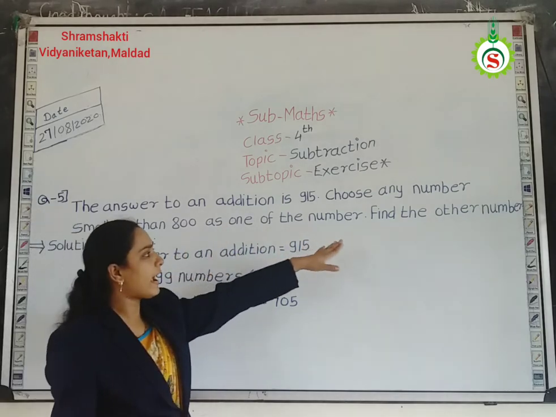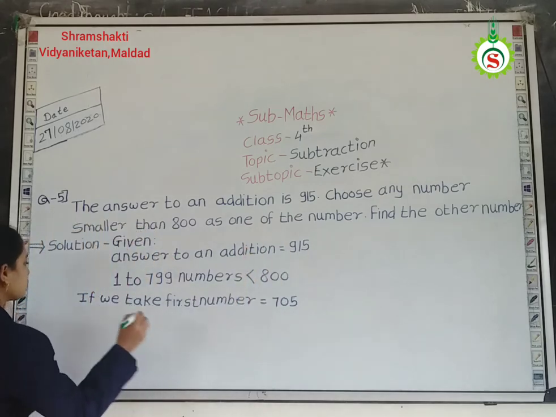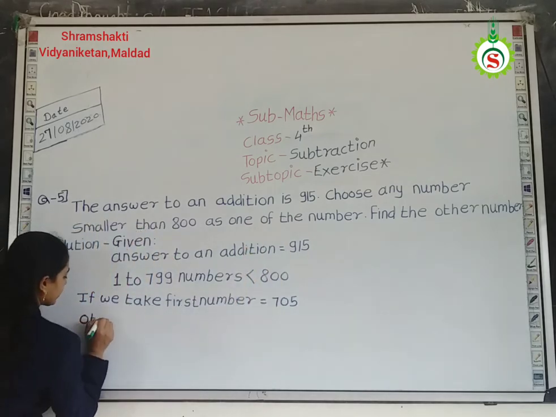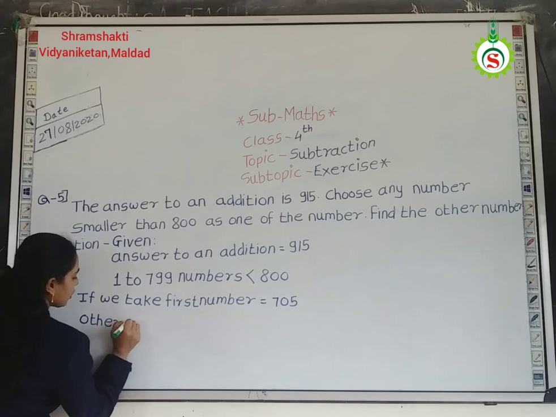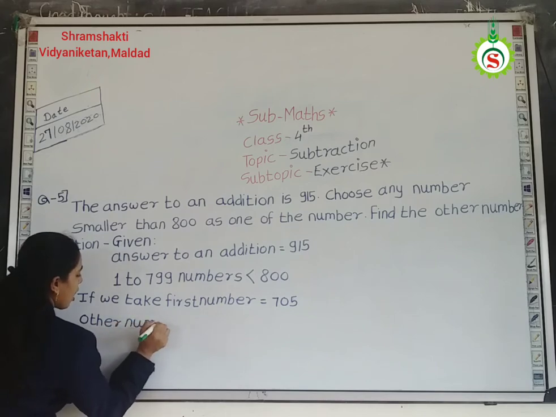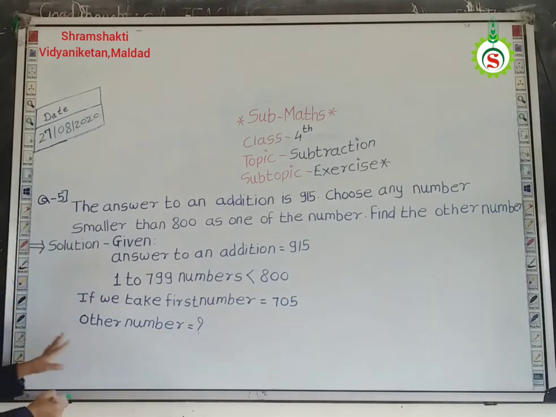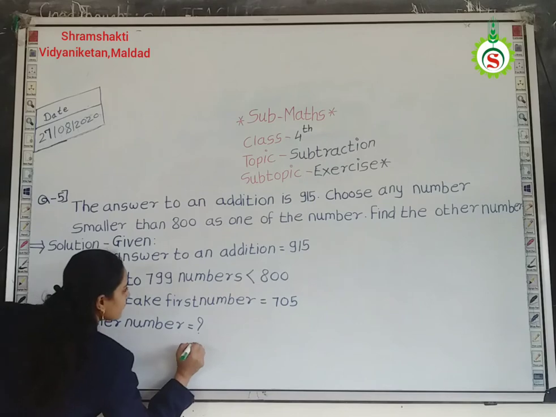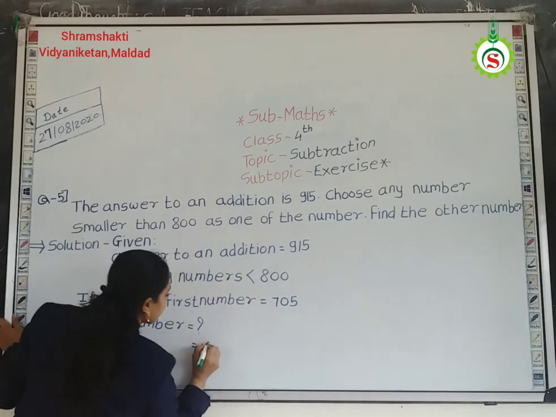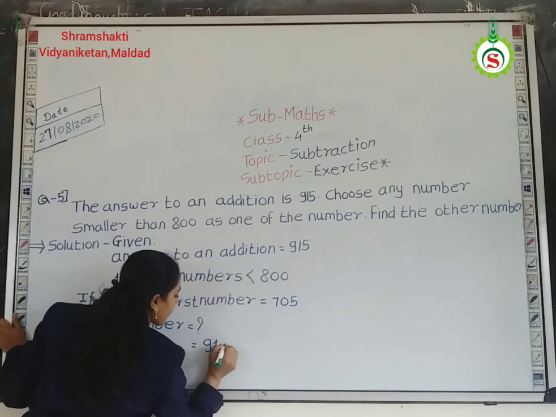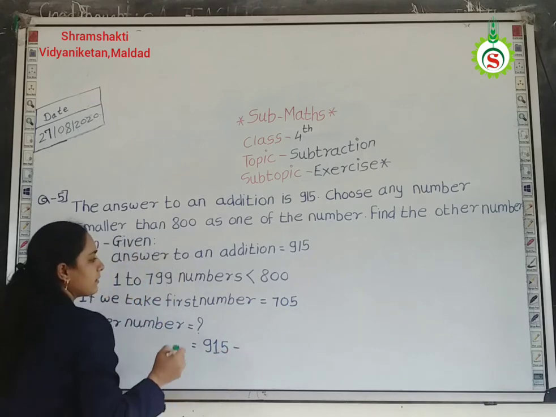We have to find the other number. We don't know the other number, we have to find it. How to find this number? The other number is equal to 915, the answer of the addition, minus the first number.